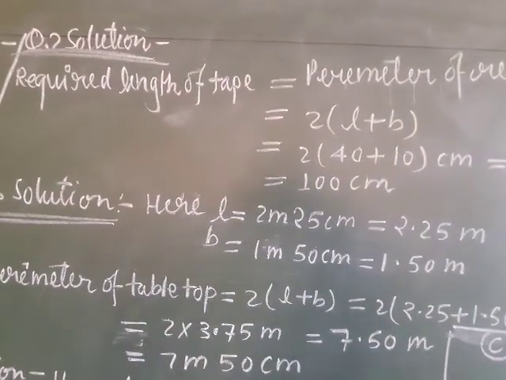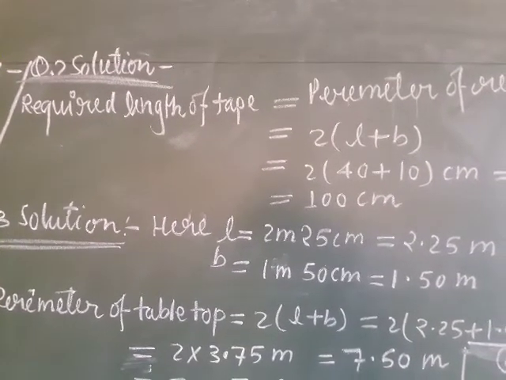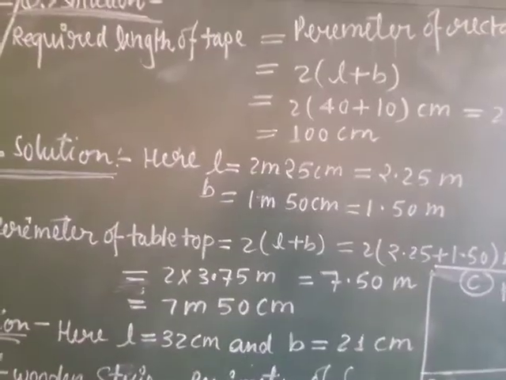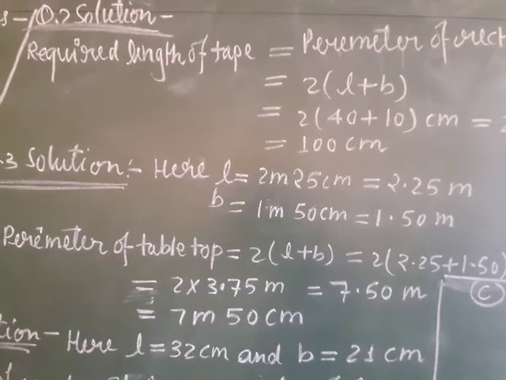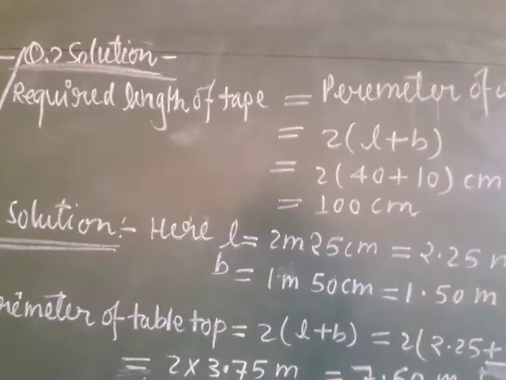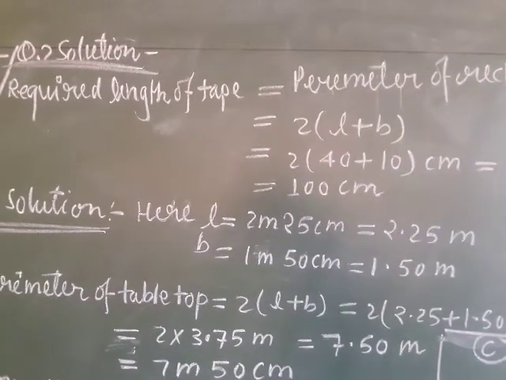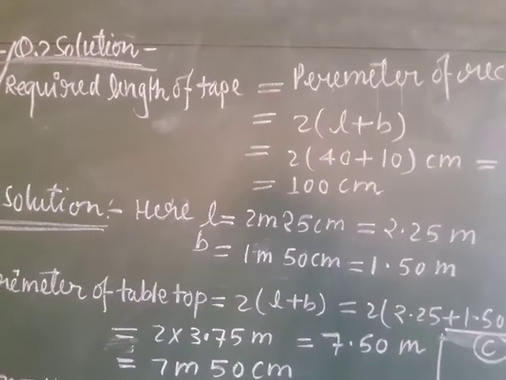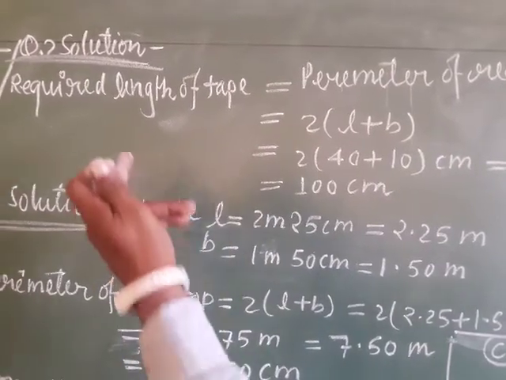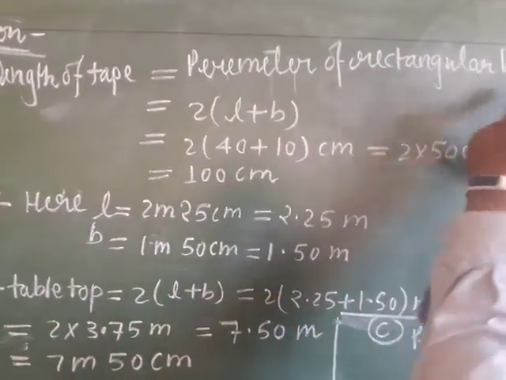Here, according to the question, the lid of the rectangular box of side 40 cm by 10 cm is sealed all around with tape. What is the length of the tape required? So here the required length of the tape will be equal to the perimeter of the rectangular box.